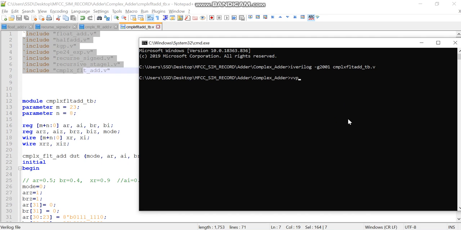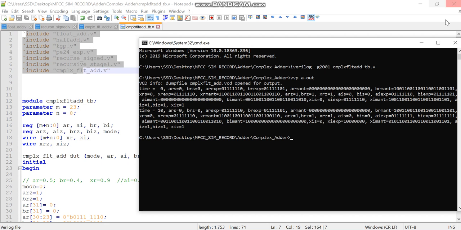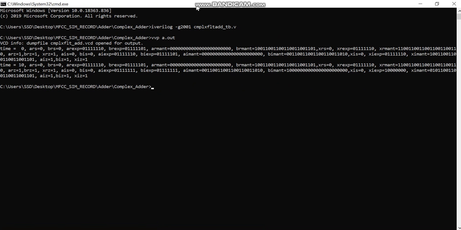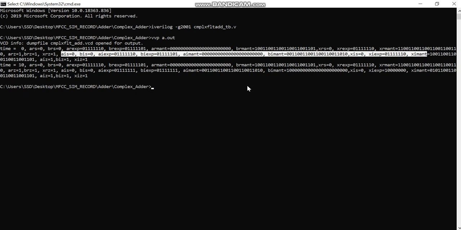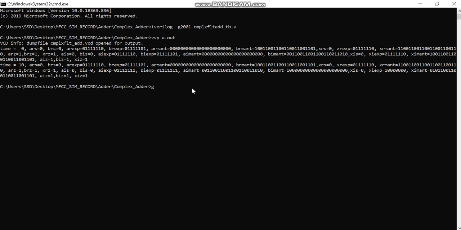To view the output, we have vvp a.out. Here I have separate sign bits of both inputs, separate exponent bits of both inputs, and separate mantissa bits of both inputs, for which these are the separate sign, exponent and mantissa of the real parts, and then here comes the imaginary part.